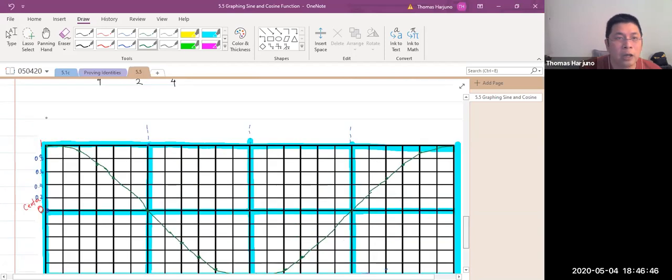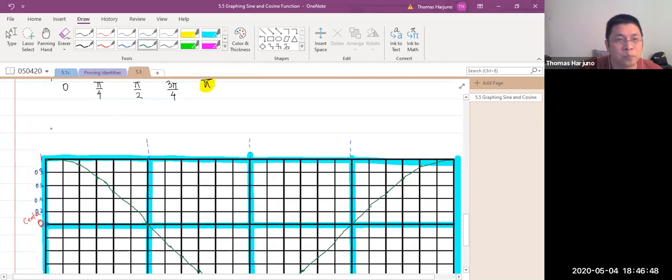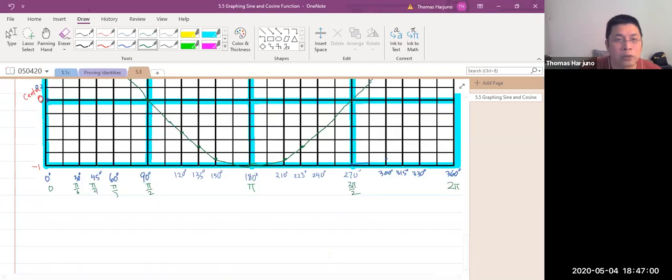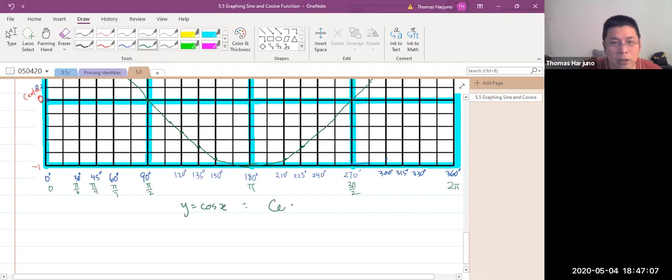Now again, like what I said earlier, I will not ask you to graph that in full. Of course, you need to remember the shape though. Okay, but then from there, you see that the graph for cosine, the center is 0.